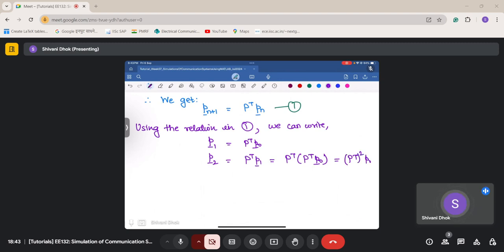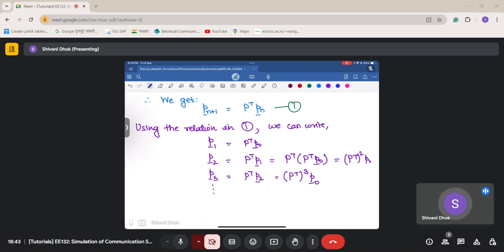Then P3 will be equal to P transpose P2, and we can substitute P2 as P transpose square, or we can also write this as P square transpose. So we get P transpose to the power 3 into P0.